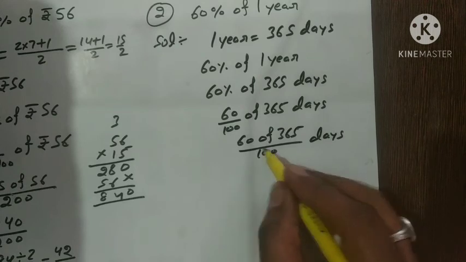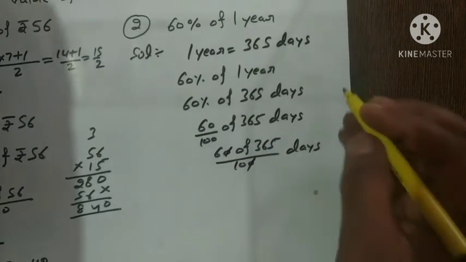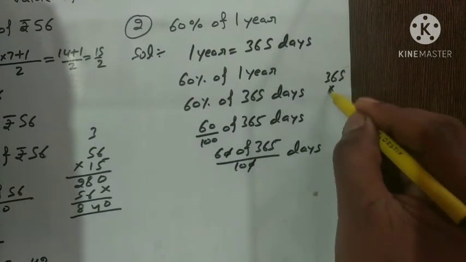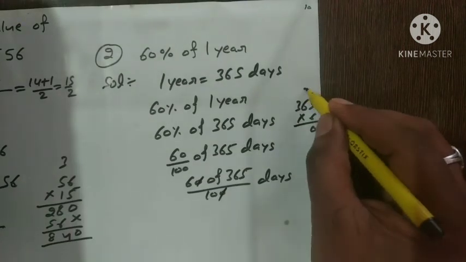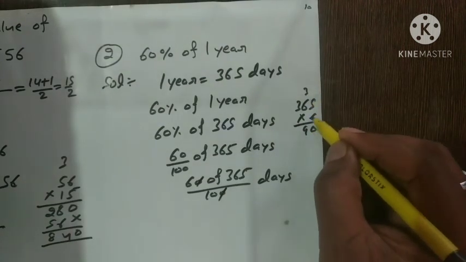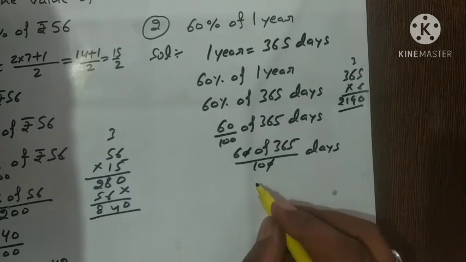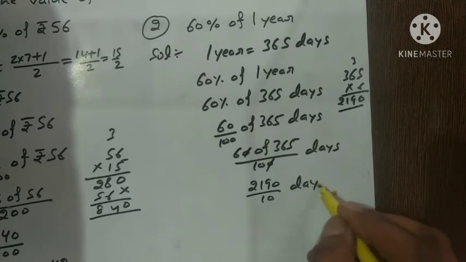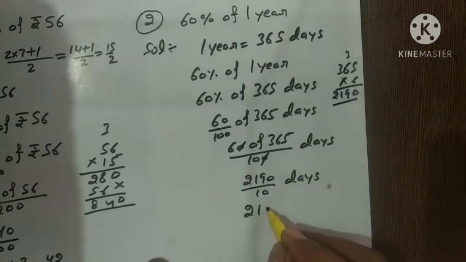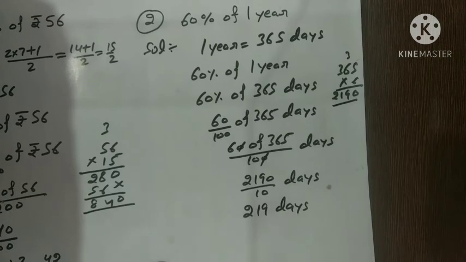Now I will cancel the extreme 0 here. Now 6 multiplied by 365. So 365 multiplied with 6 is 2190 over 10 days. So 219 days. Right? This is the answer.